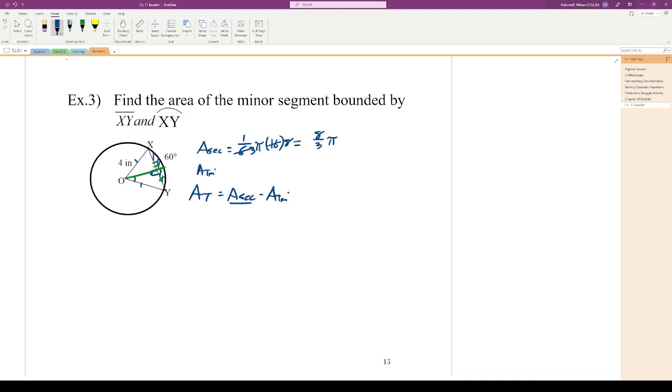I'm going to redraw that triangle here, in the same orientation. So we have our right angle. We have s, 2s, and s root 3, since it's a 30, 60, 90 with the 30 over here. Now, I know 4 inches is 2s. So 2s is 4, so s is 2.